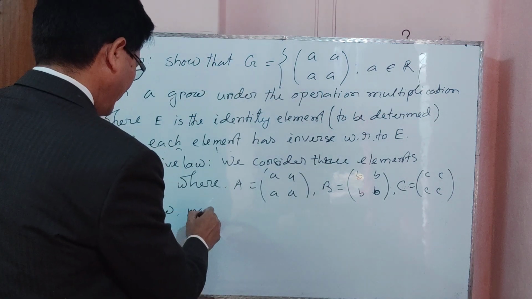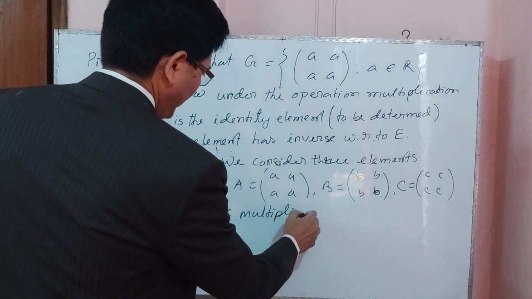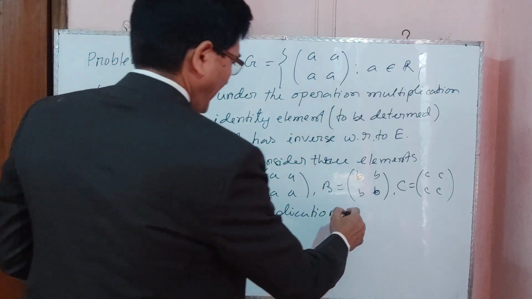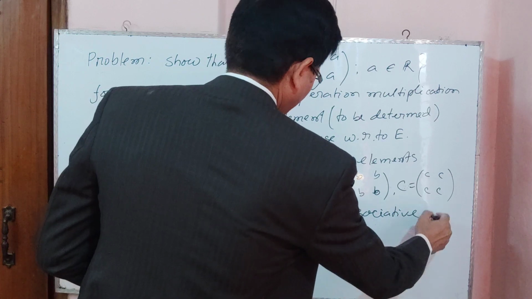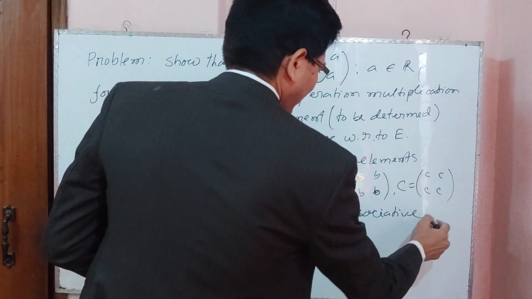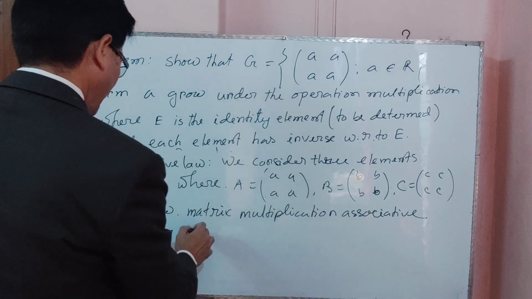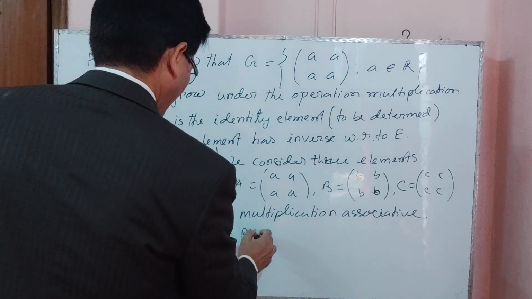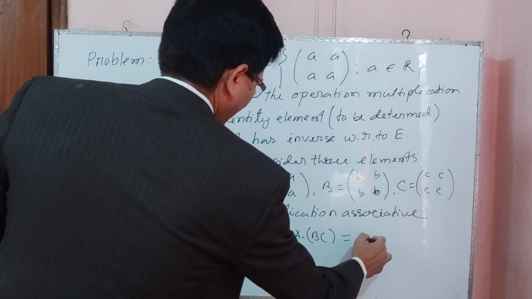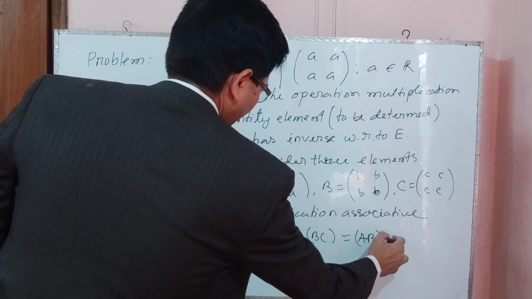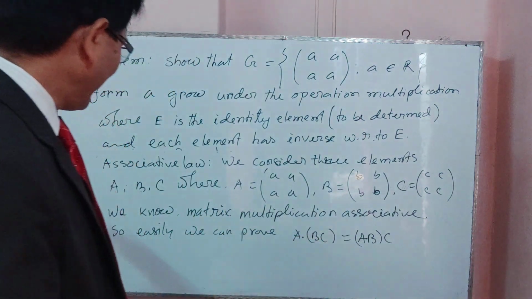We know matrix multiplication is associative, so easily we can prove A into BC equals AB into C. Okay, dear students, you can directly prove this, or you can say this.